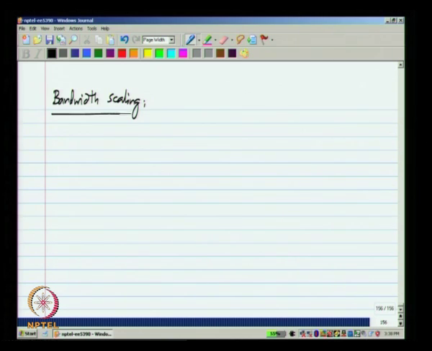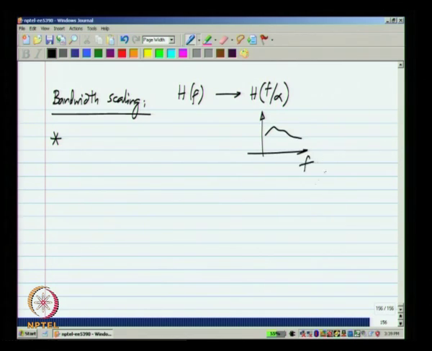What we mean by that is, we preserve the transfer function, it should get scaled to H of f by alpha. So, this means that if the original transfer function was something like this on a scale f, the other one will be stretched out on the scale f. If I plot it on the same scale, that is what it will look like, okay, but the shape will be preserved.